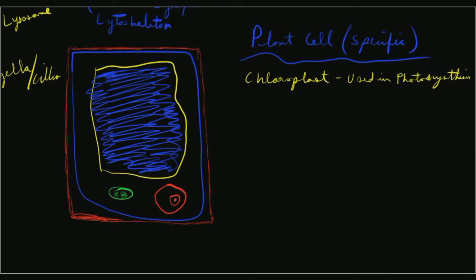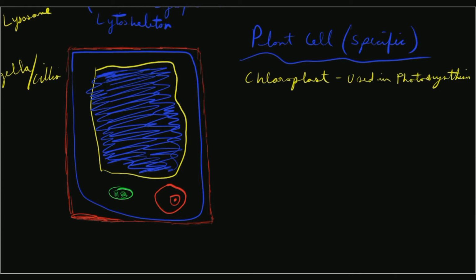It's usually like this green sac, and inside of it it has stacks of granum, called granum, stacks of thylakoid membranes, and inside those thylakoid membranes is where the reaction occurs.